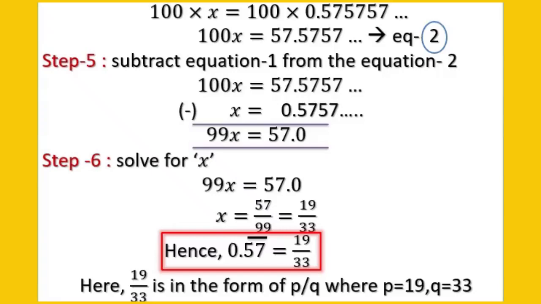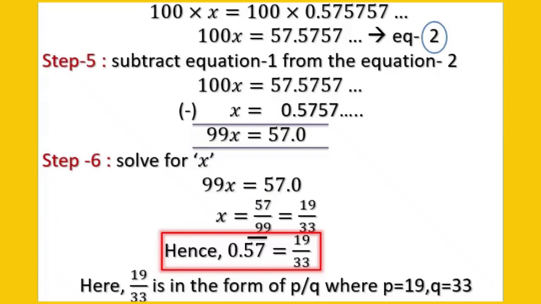Now this is equation 2. Step 5. Subtract equation 1 from equation 2. 100x is equal to 57.5757 and so on, and x is equal to 0.5757 and so on. When we subtract these two equations, we get 99x is equal to 57.